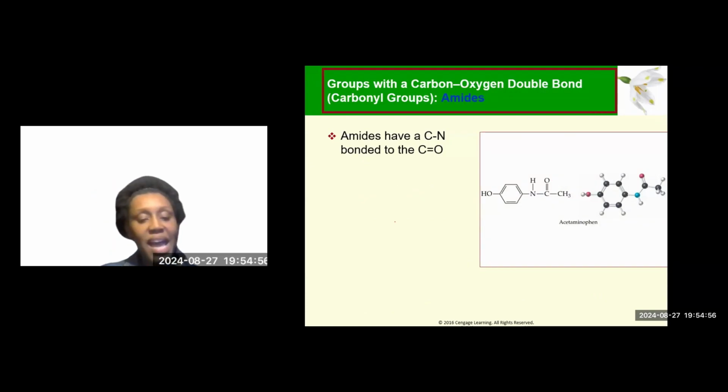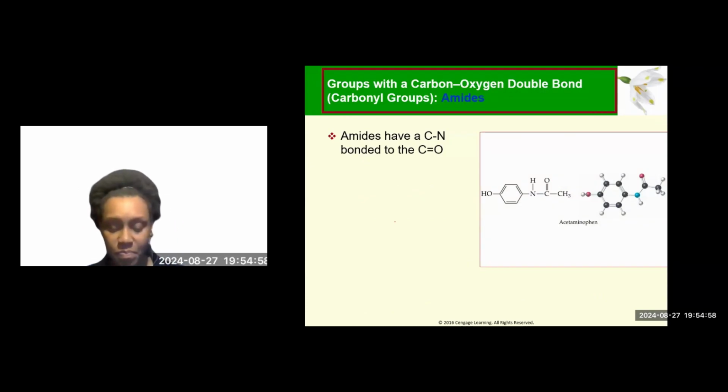All right, so the next carbonyl compound we're going to talk about is amides. So with amides, you have a carbonyl compound, but you also have a carbon nitrogen that is going to be bonded to that carbonyl group, okay? So the amide is a carbonyl group, and then you have this carbon nitrogen bond on this side here.